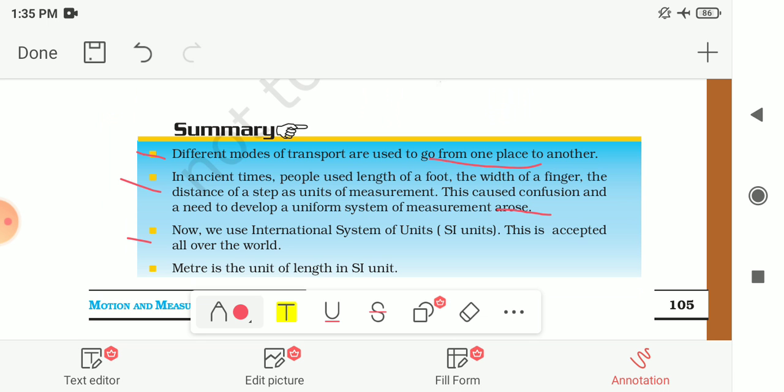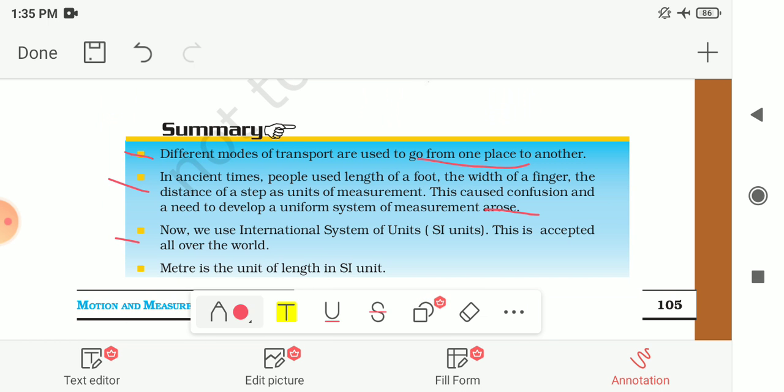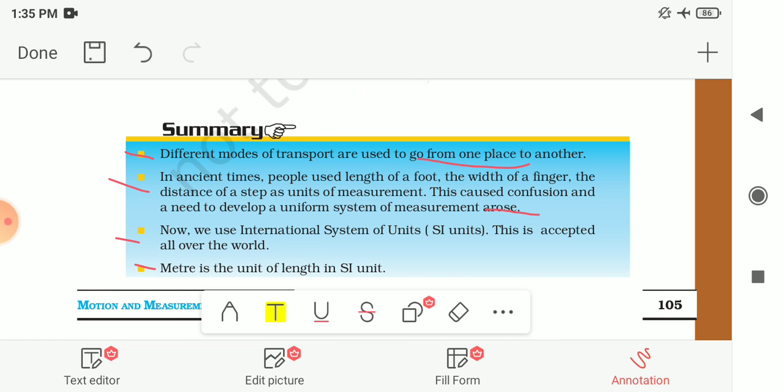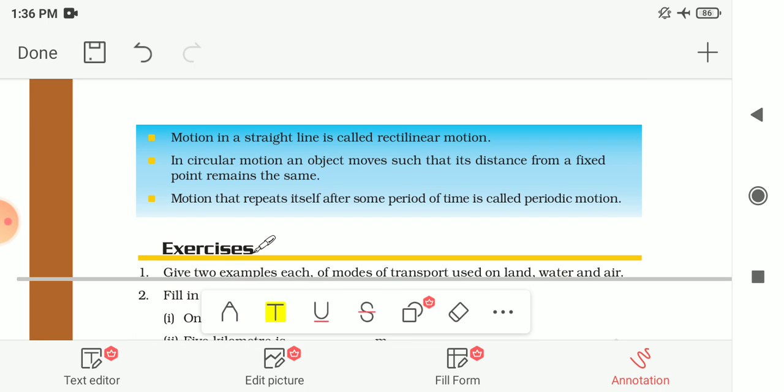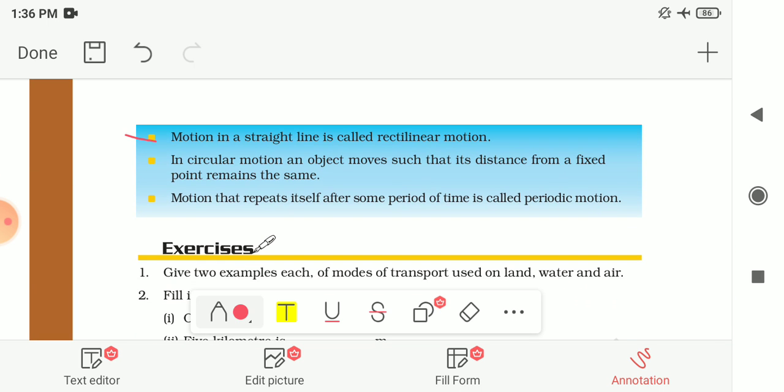Now we use the international system of units, the SI unit system, which is accepted all over the world. We also saw that the meter is the unit of length in SI units, and the conversion to its smaller and larger units.